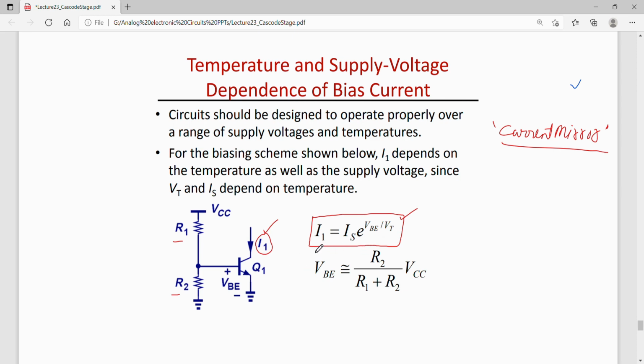Now in this current equation, we see that this depends upon both VBE and VT. That is, the bias point I1 depends upon the supply voltage and also upon the temperature.